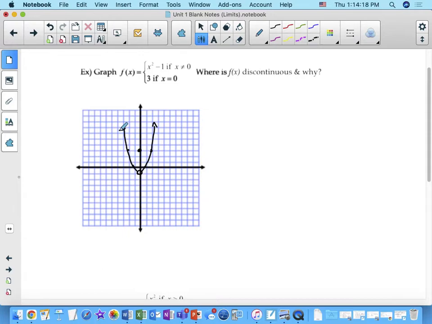Does that make sense? Yeah? Okay. So where is f of x discontinuous and why? What is the point of discontinuity?